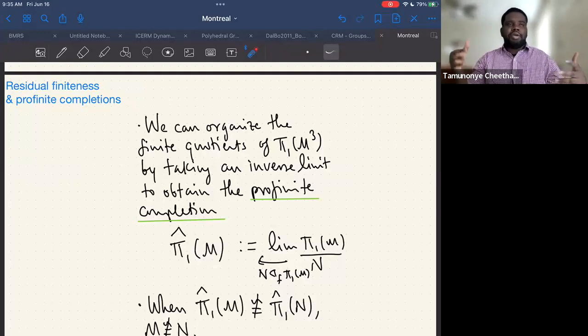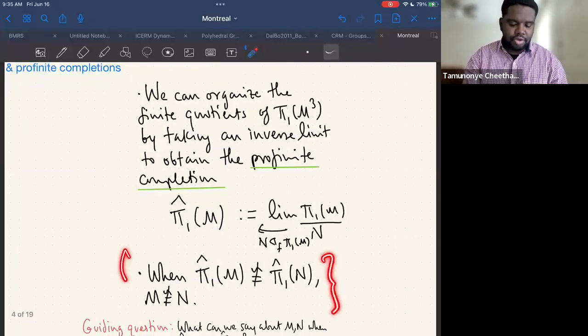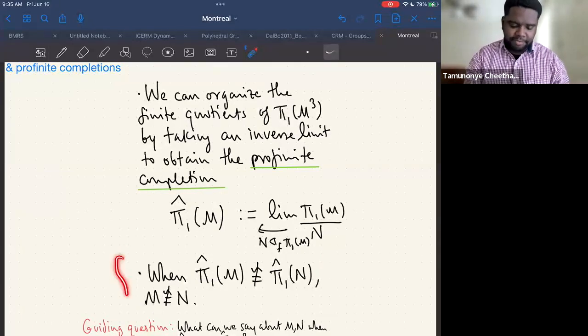Algorithms for these are very fast: give me all the order 10 finite quotients of this particular group. And when you look at those lists and see that they are different, you know that you have different fundamental groups, and you know that you have different manifolds.